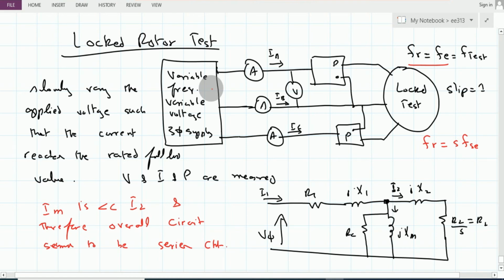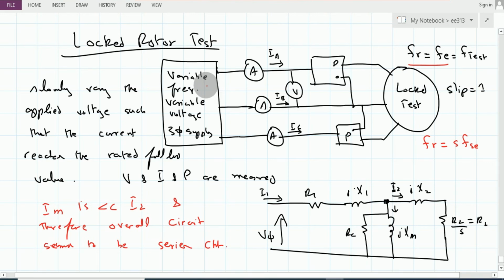So the 25% means that for a 50 hertz supply, instead of supplying it at 50 hertz, we are supplying it at 12.5 hertz, right? We are supplying around 6 or 7 hertz for that 50 hertz supply, which corresponds to the 25% value of the stator frequency.